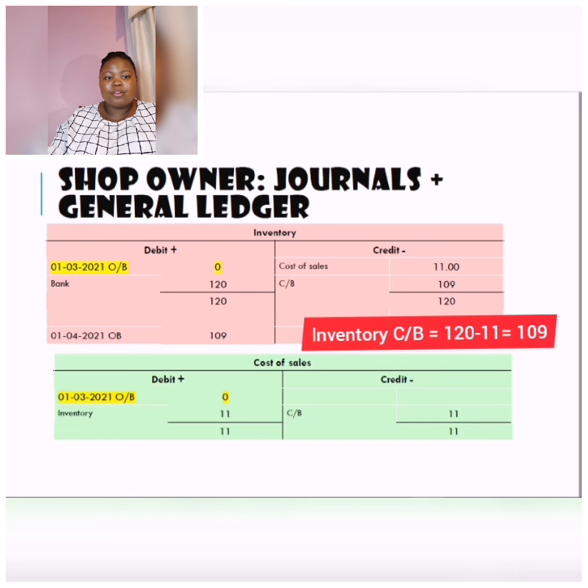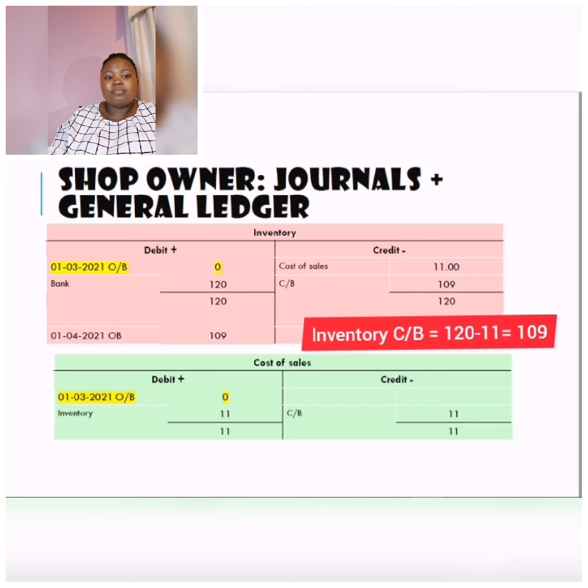On our bank, I randomly started with an opening balance of 1.5, because most of the time you will have a closing balance unless you're starting on a clean slate. We call that 0 rand, but let's just assume he has 1.5 in his bank account. And when he bought inventory, I'll put a plus and a minus just so you can know where it increases, because bank is an asset, and where it decreases.